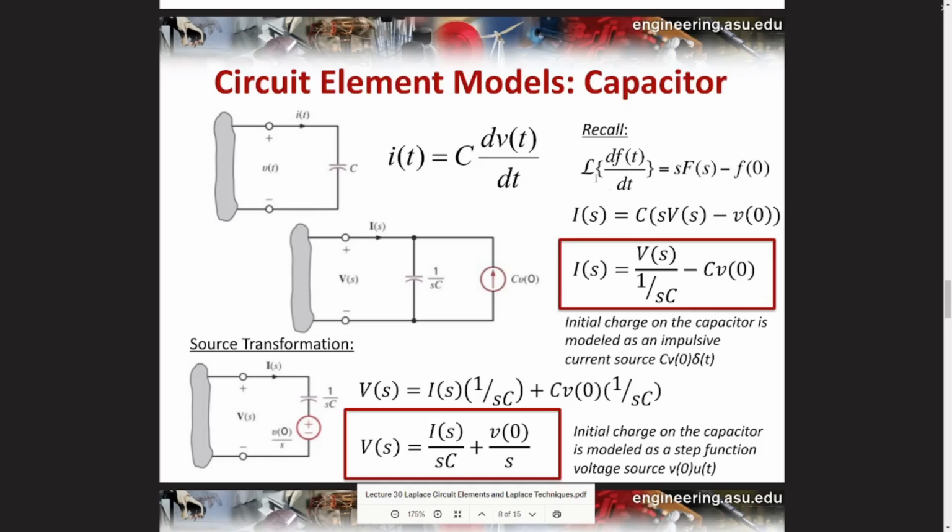And so this comes from the fact that in the capacitor, the current is proportional to the derivative of the voltage. And so when you take the Laplace transform of a derivative, you get S f of s minus the initial value f of 0.